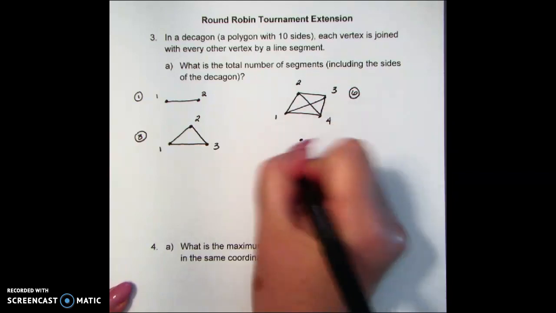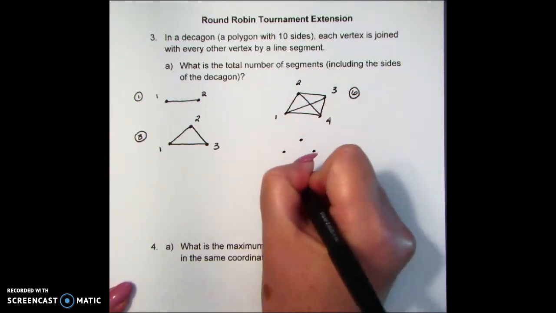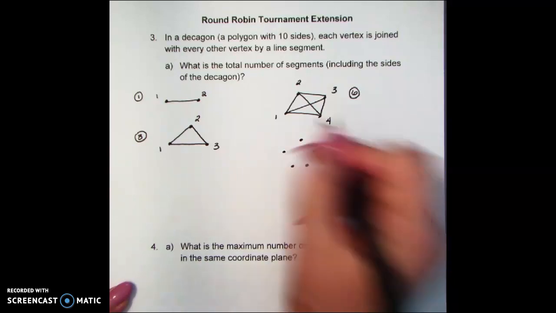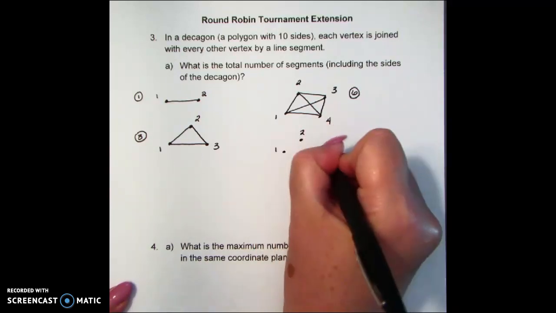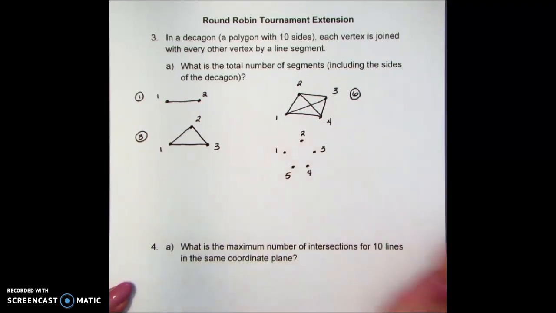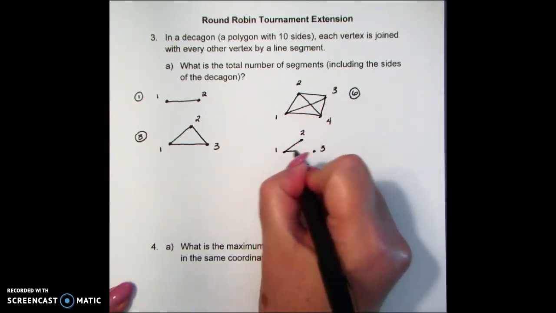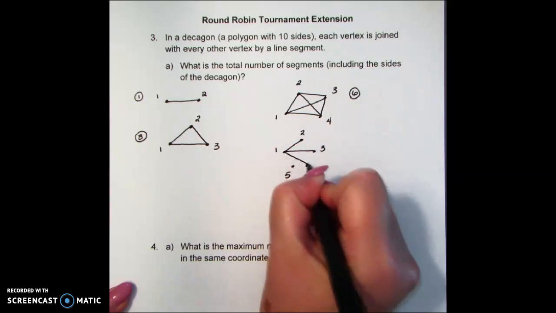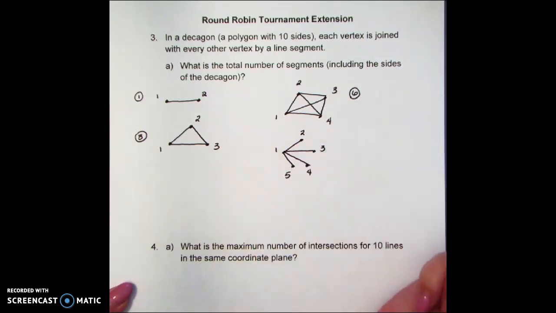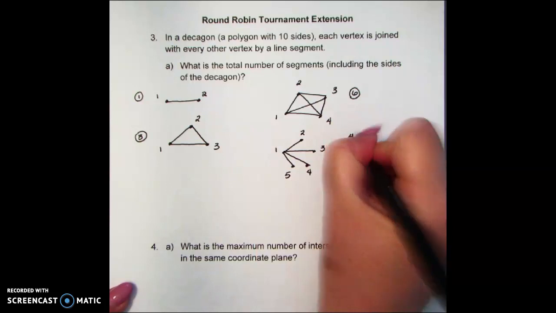If we have 5, and I'll call this 1, 2, 3, 4, and 5. Do you see that 1 could connect to 2, 1 could connect to 3, 4, and 5. So we have 4 so far.